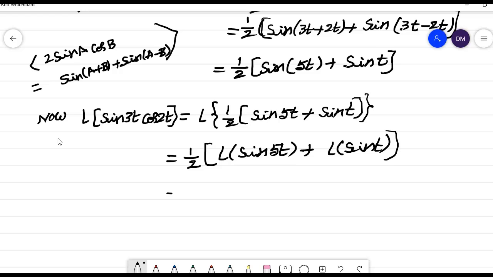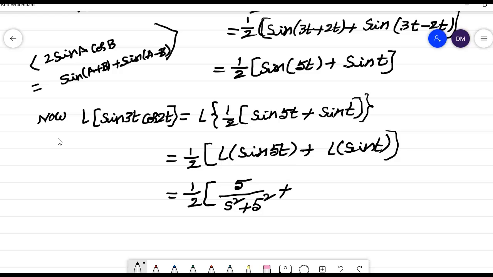This is equal to, now we can use the standard formulas of the Laplace transform. This is in the form of L of sine at. What is the L of sine at formula? a by s square plus a square. Here a is 5, so 5 by s square plus 5 square.